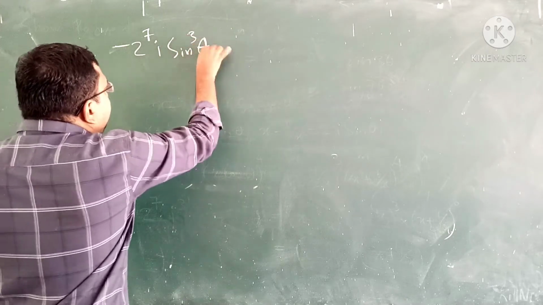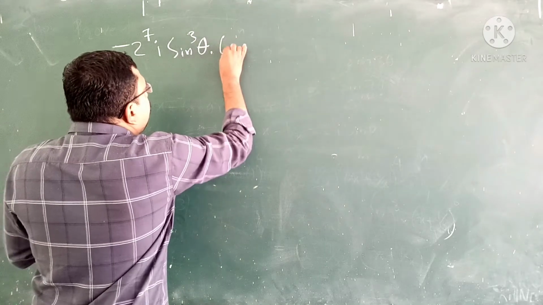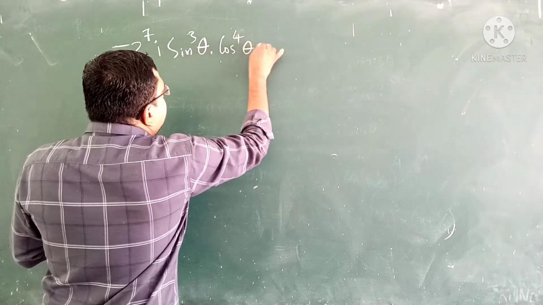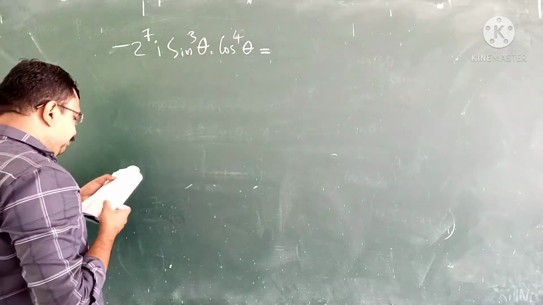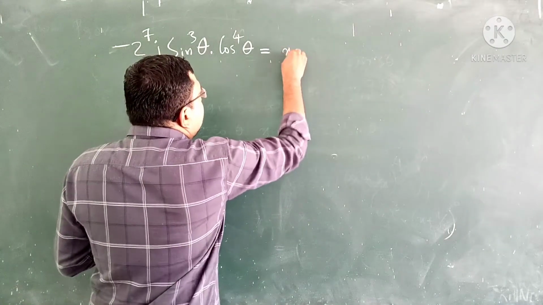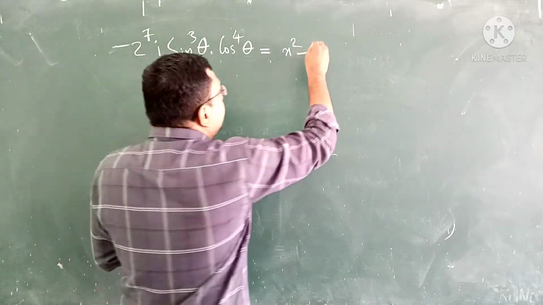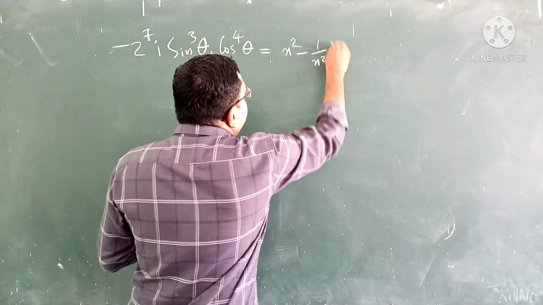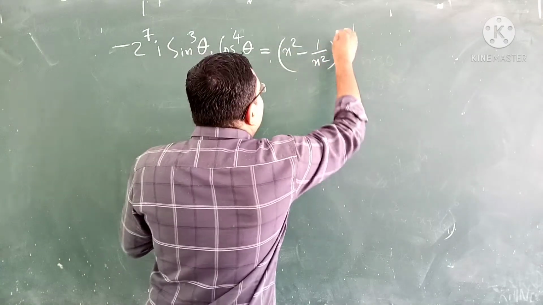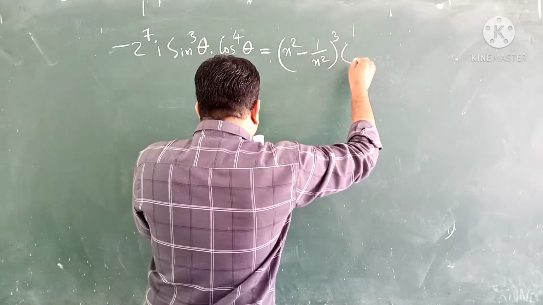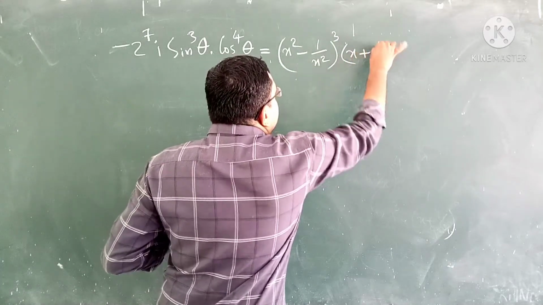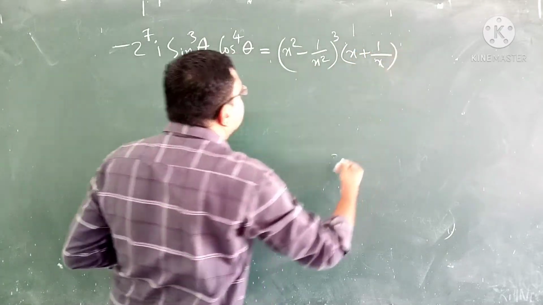sin cube theta into cos raised to 4 theta is equal to x square minus 1 by x square the whole cube into x plus 1 by x.